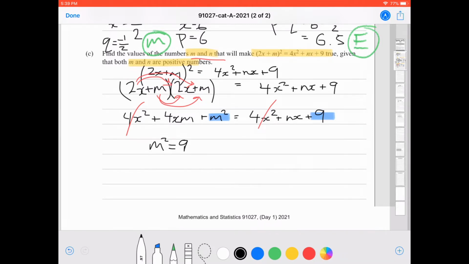And similarly, 4xm must equal nx. Possibly the second combination, 4xm equals nx, is a little bit easier to understand because both of the terms have x in them.